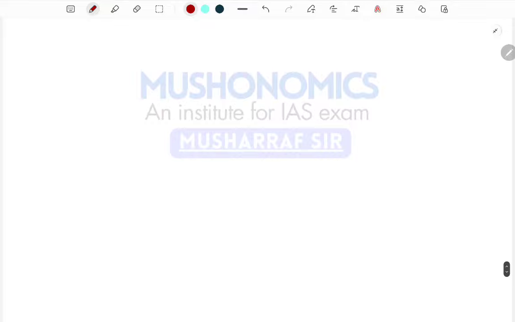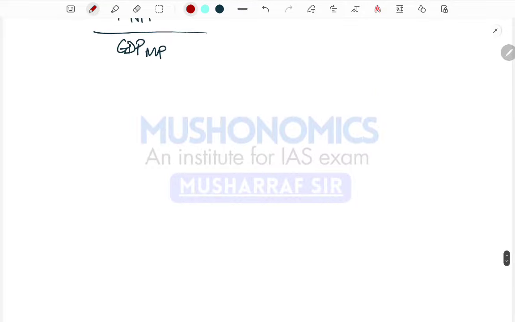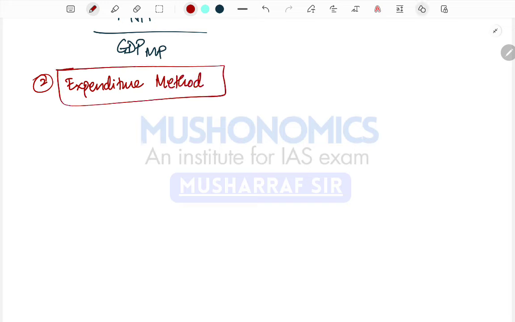Let's move to our second method, that is the expenditure method. Here we will be taking into consideration the expenditure done by all the sectors in the society. So what do we mean by the expenditure method?